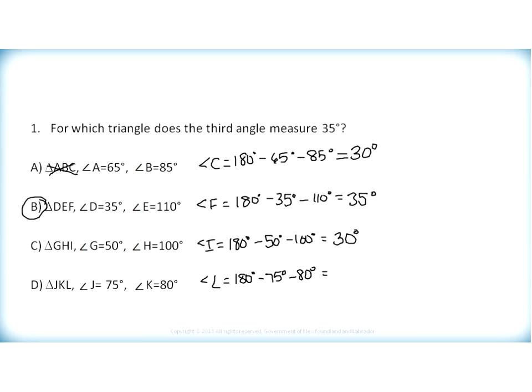And 180 minus 75 minus 80 in my calculator works out to be 25 degrees. So angle L is going to be equal to 25 degrees. So angle F in triangle DEF is the only angle that is 35 degrees of my options here. So that is the correct answer.